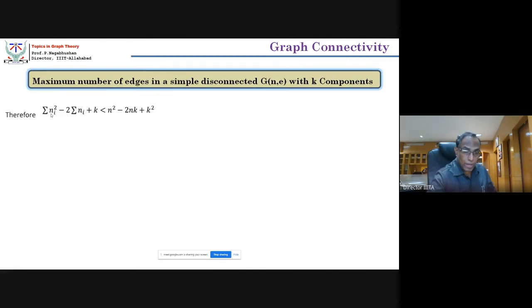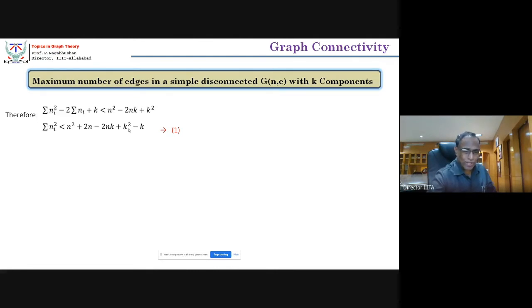This is sigma n_i square. So sigma n_i square shall therefore be less than or equal to n square minus 2n, it goes to this side, plus 2n minus 2nk plus k square minus k. Is that all right? Sigma n_i square will satisfy this inequality. All right.